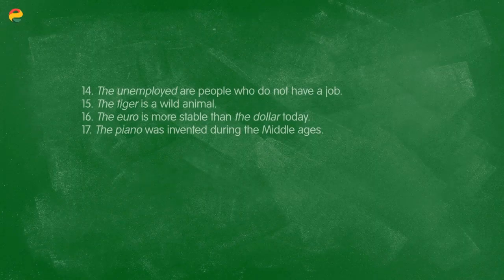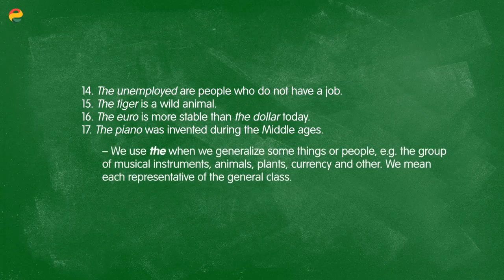And there's one more way that we can use "the," our definite article, and let's look at some examples first. I can say, "The unemployed are people who do not have a job," or "The tiger is a wild animal," as well as "The euro is more stable than the dollar today," and "The piano was invented during the Middle Ages."